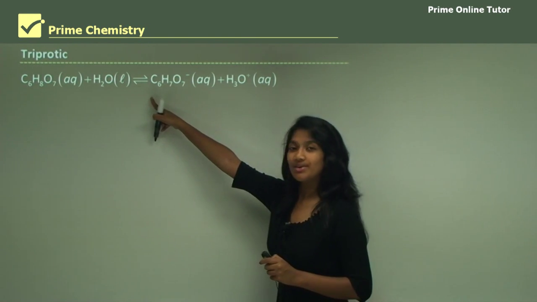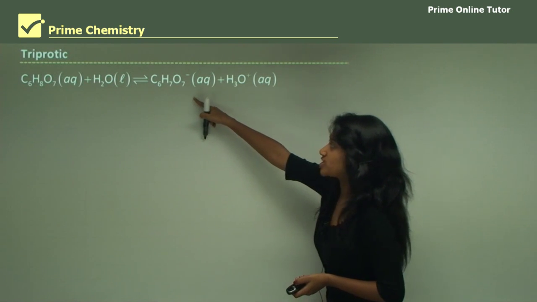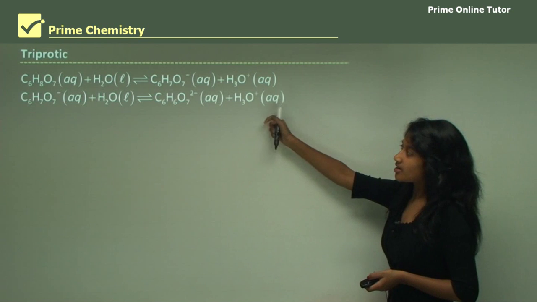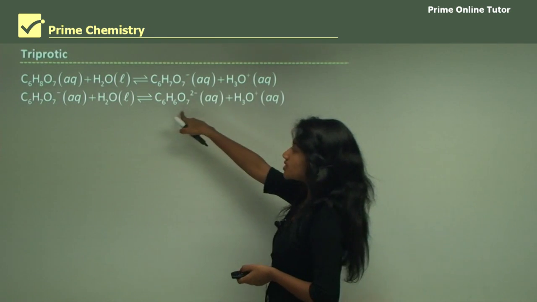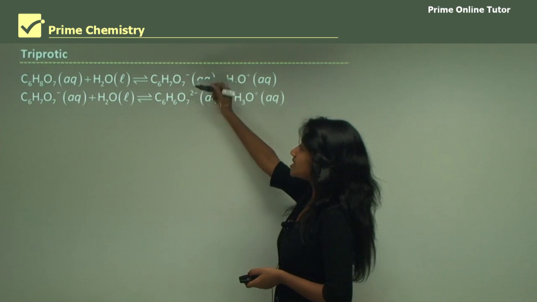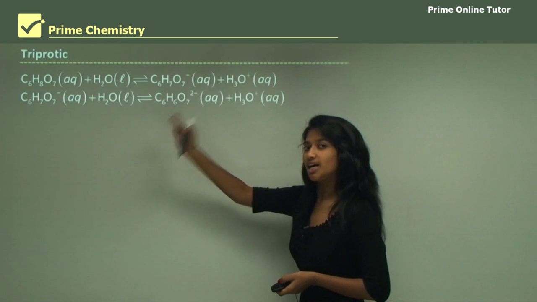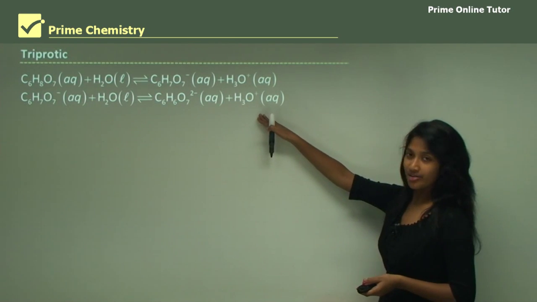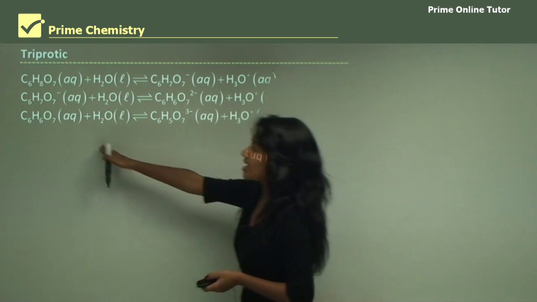It's in equilibrium because it's a weak acid to form C6H7O7 minus along with a hydronium ion. Now this product is reacting again with water, and it loses another hydrogen ion. This time it's going to gain another minus because it's losing a plus sign, so it's gaining a minus to form hydronium ion again.